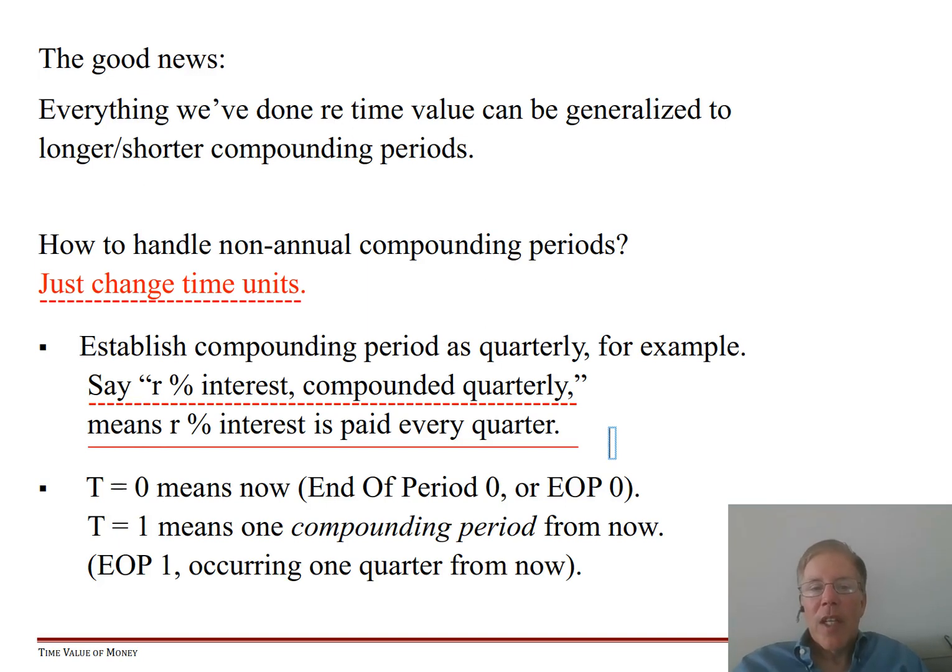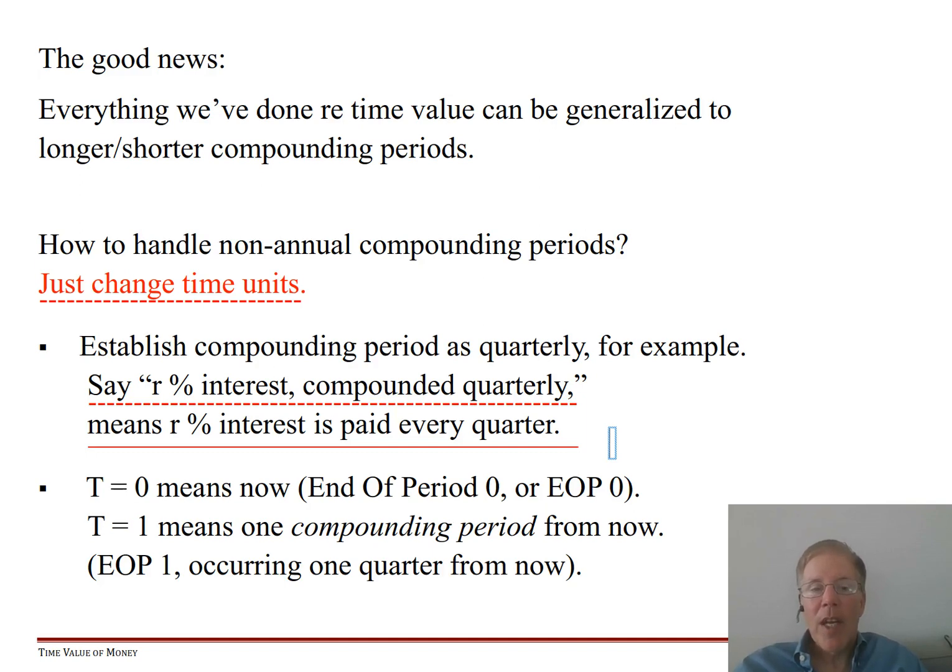So specifically, if we have $100 that we put into an investment paying 5% interest compounded quarterly, at the end of one quarter, we'd have $105, and then for the next quarter, all $105 would get 5% interest. So we would wind up at the end of two quarters with more than $110 through the magic of compounding.